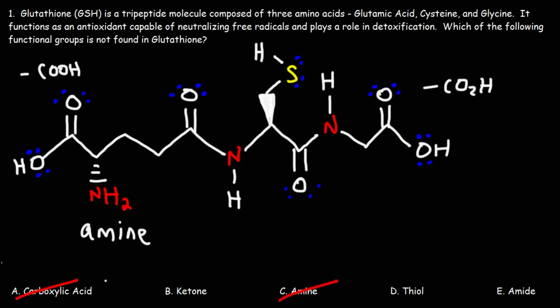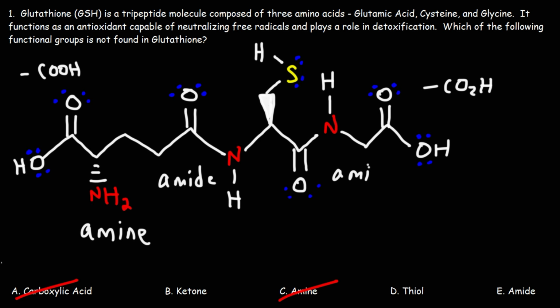And this part here is an amide. Whenever 2 amino acids join together to form a dipeptide, di means 2, tri means 3, it forms an amide linkage. So if you have a peptide with 1 amide linkage, that means that 2 amino acids joined together to form that dipeptide.